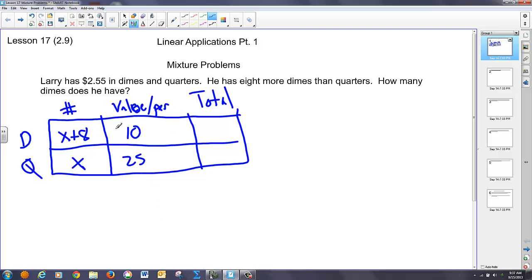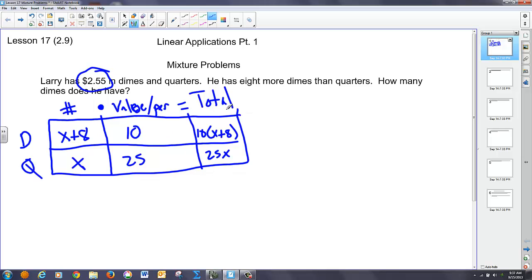So I'm going to call each dime 10 pennies and each quarter 25 pennies. Now if I want to find out my total, I multiply the number of coins I have by the value per coin, and I get a total value. So this is 10 times x plus 8. And this is 25x. Now, this is my total dollar value, and I have a total dollar value here of $2.55.